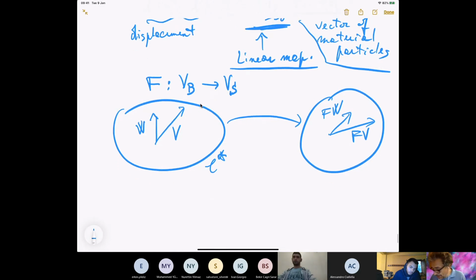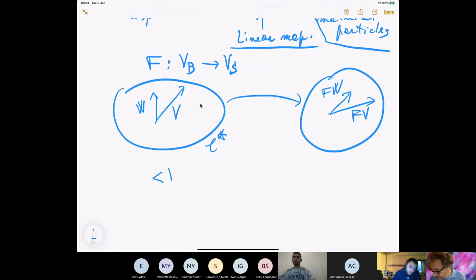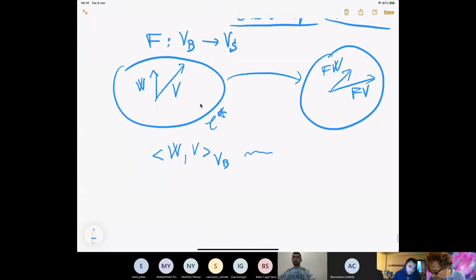And we said the inner product WV in VB is changed into the inner product FW FV in the actual configuration V small.